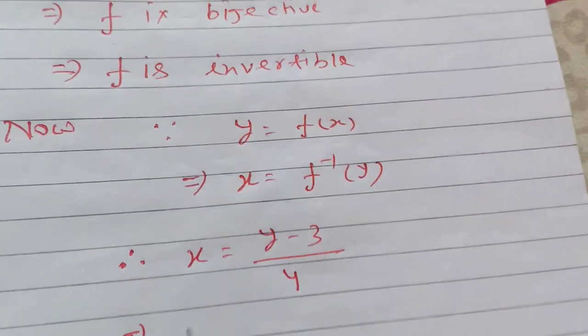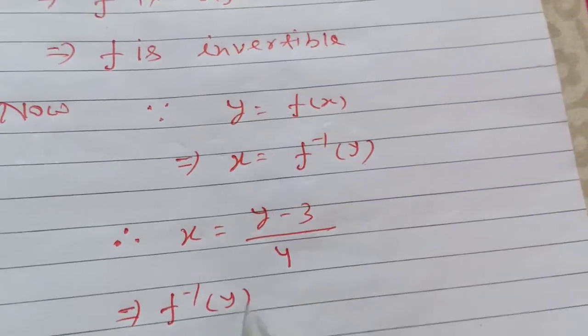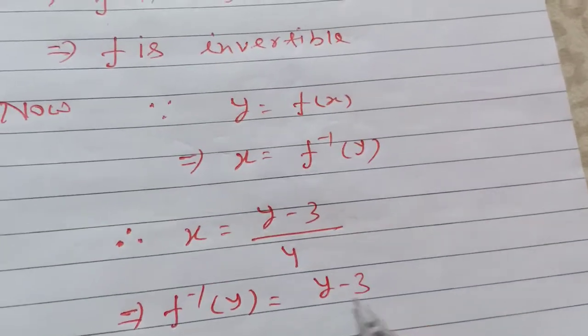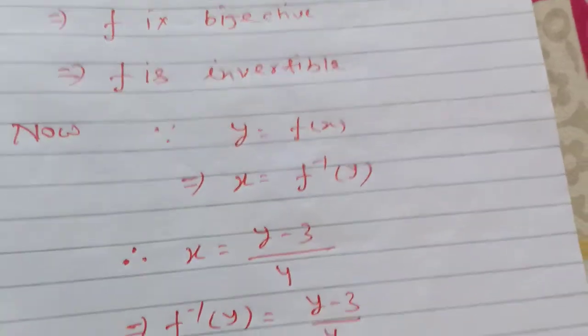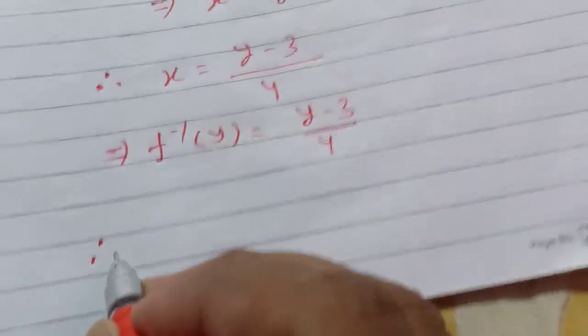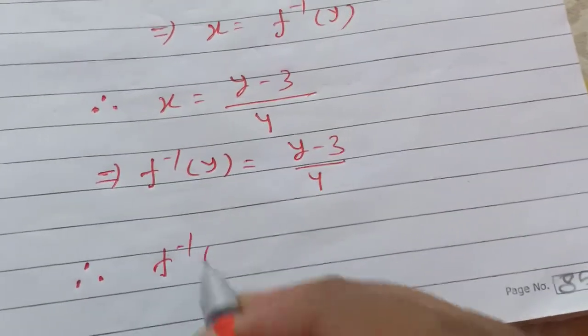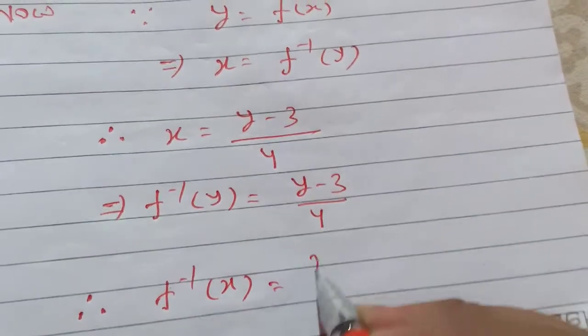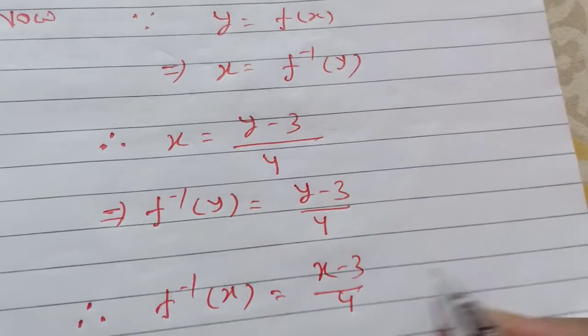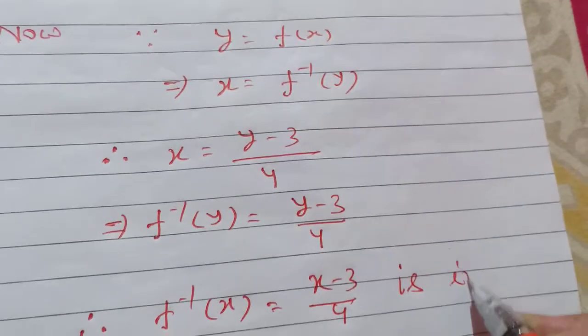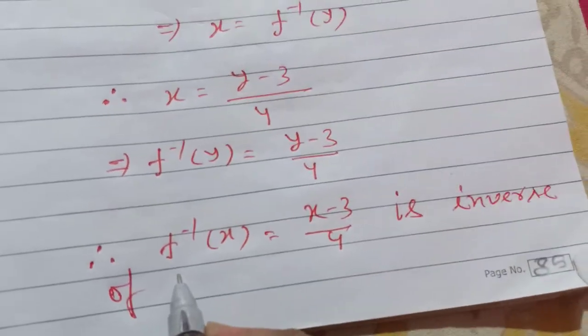This implies that f inverse(y) = (y - 3)/4. Therefore f inverse(x) = (x - 3)/4 is the inverse of f.